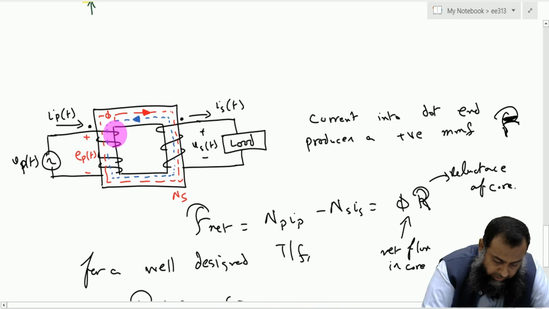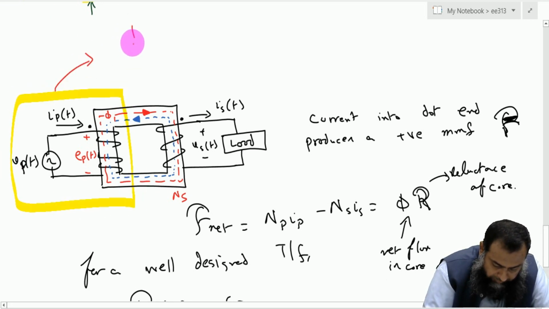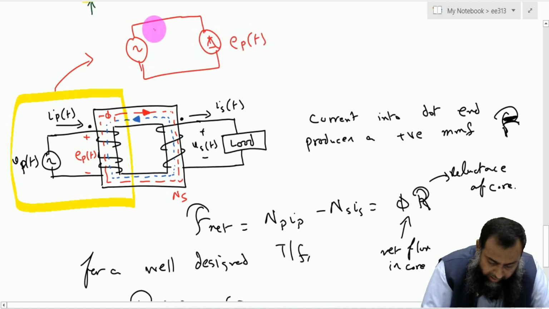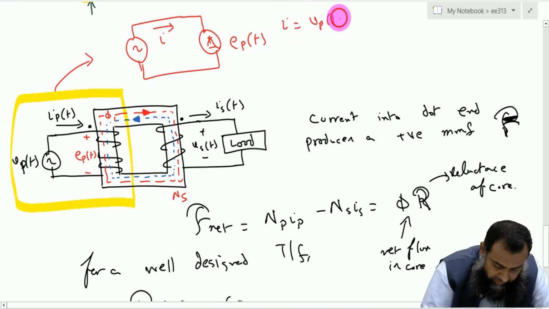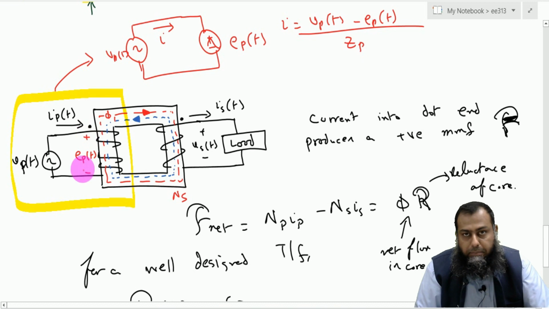Now if you consider this particular thing, then you can see here that this part, only this part, I can model it something like this one, that we have a voltage source here, then we have the EPT here, right? And this current I is equal to VPT minus EPT divided by the impedance offered by this primary coil.